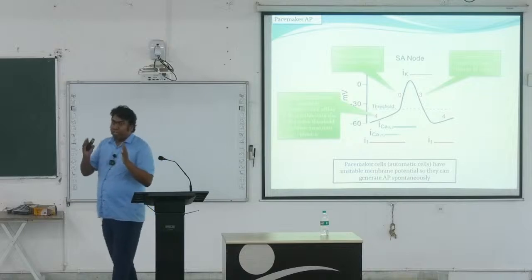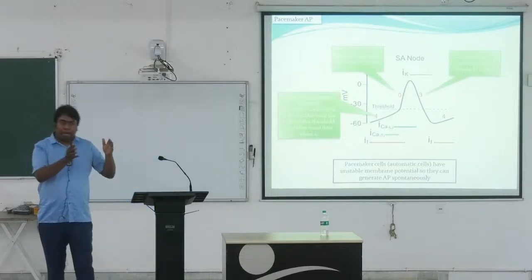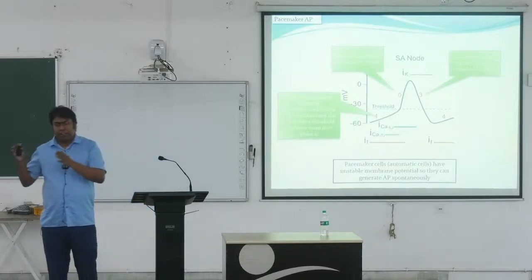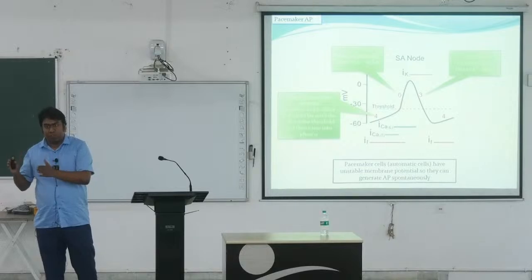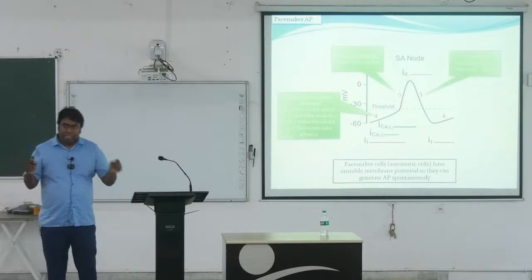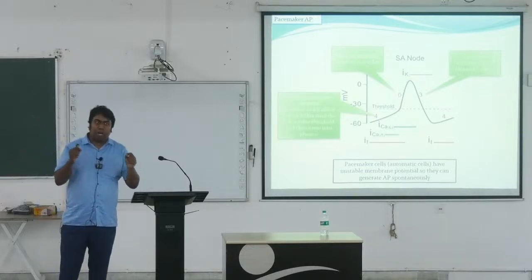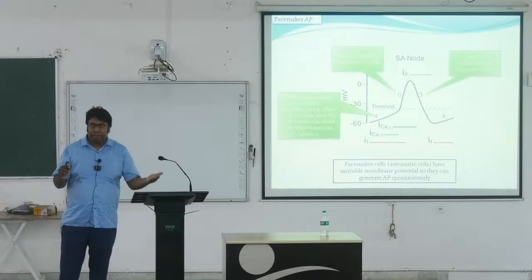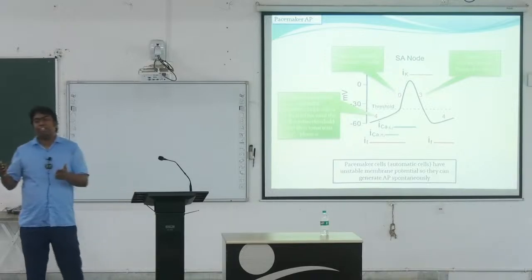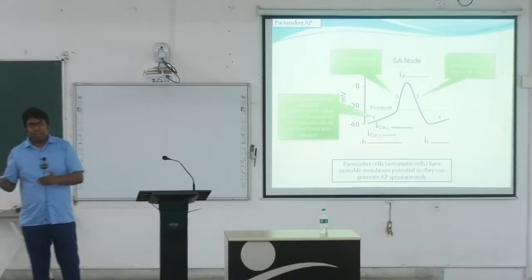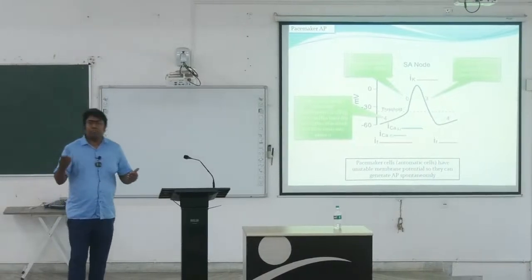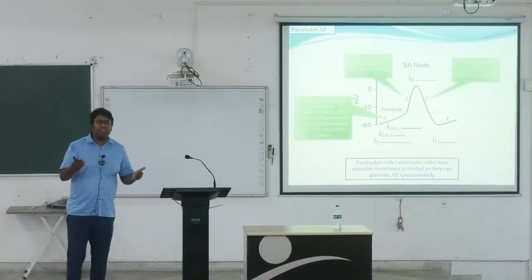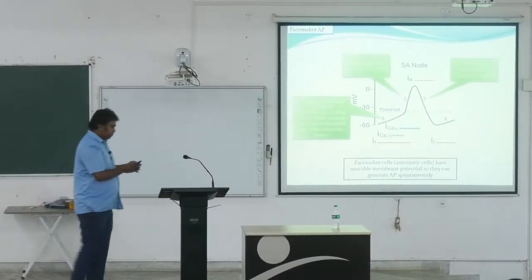What is the difference in electrophysiology between the myocardium and the SA node and AV node? First, phase 1 and phase 2 are not there, and phase 0 for the SA node and AV node is due to calcium influx, whereas for the atrium, ventricle, and Purkinje tissue, it is due to influx of sodium.